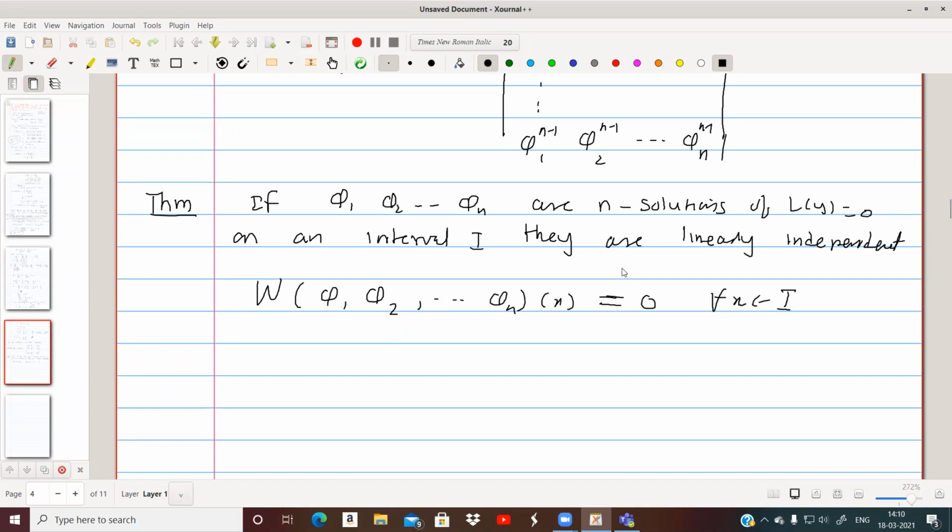Talk to me. Yes, Chaitanya. Yes, sir. What should I write here? Not equal to 0. Okay, very good. The Wronskian of phi 1, phi 2 should be not equal to 0.